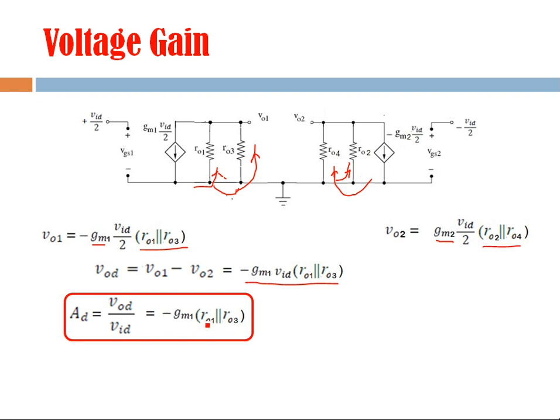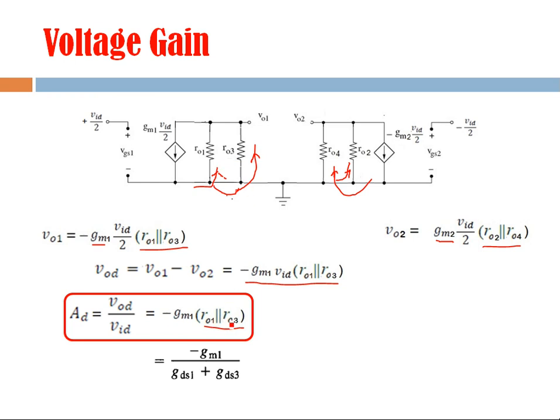Now sometimes we try to represent this equation of gain in terms of conductances only. Here this equation is written in terms of resistances. If we write it in terms of conductances, then it will be something like this. The net conductance here is the conductance of this plus the conductance of this, and that net conductance is the inverse of net resistance.